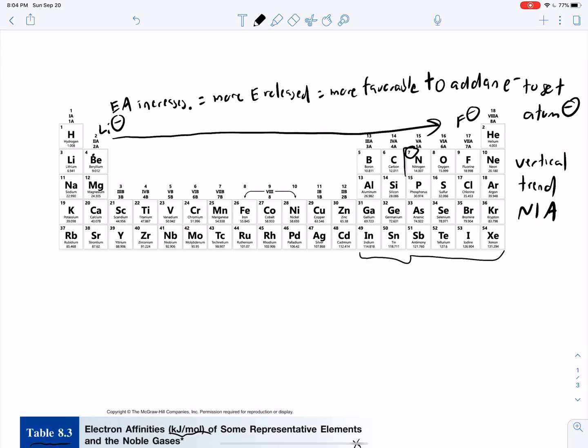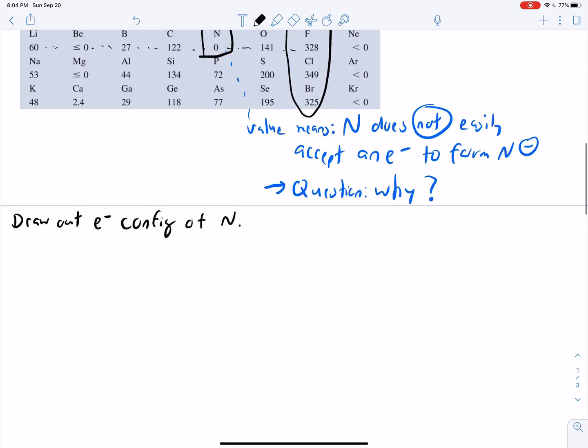It's in the 2p block, so I'm going to deal with the 1s, the 2s, and the three 2p orbitals at equal energy, and fill in the 7 electrons. 1, 2, 3, 4, 5, 6, 7. Great, there are my 7 electrons.